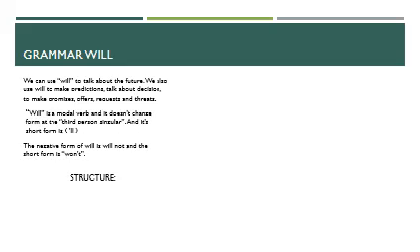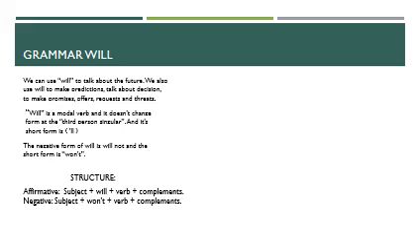So, the structure of the sentence. In affirmative sentences we have subject plus will plus the verb plus complements, so it means nouns, adjectives. In negative sentences, we have the subject plus the negative part, will not or won't in short form, plus the verb plus complements.